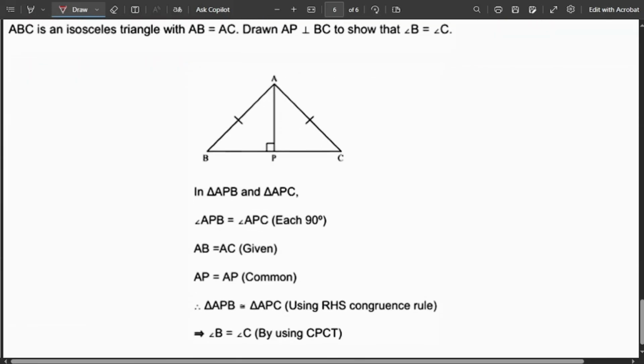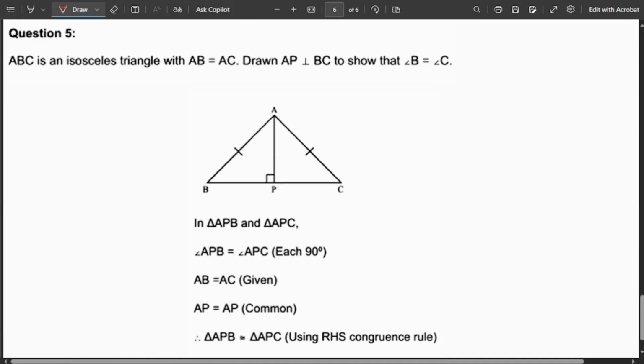Now this is the last question. Here we have given an isosceles triangle where AB and AC are same. That means angle B and angle C are also same, and we have a perpendicular AP to BC, that is also 90 degrees.